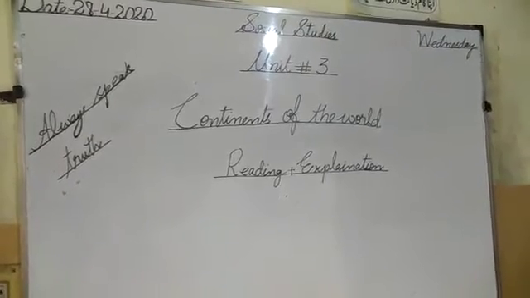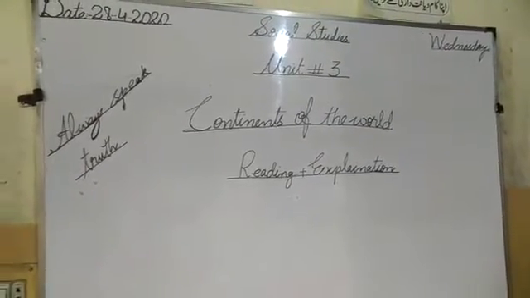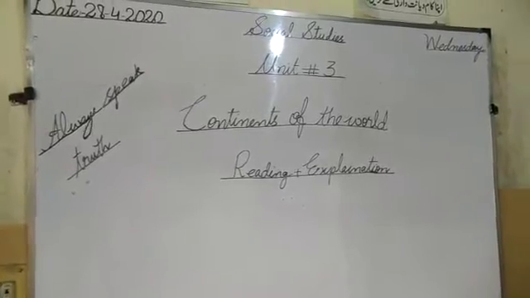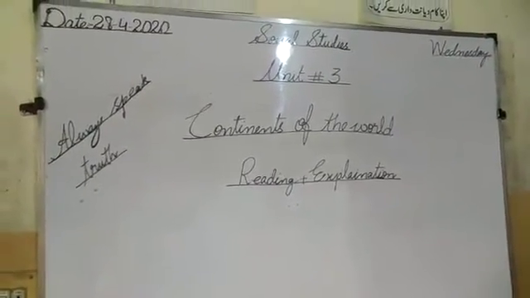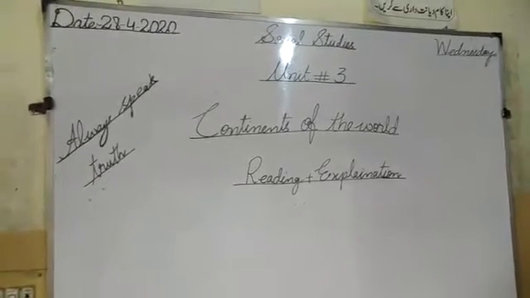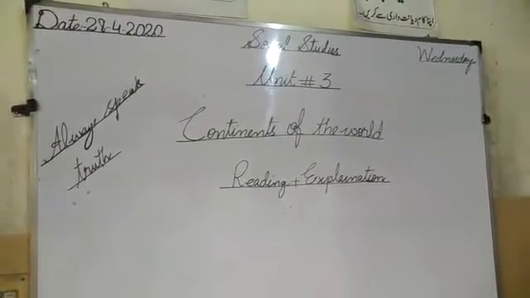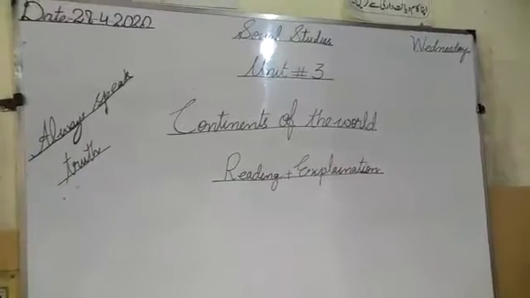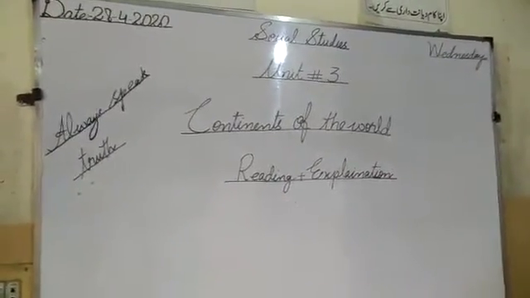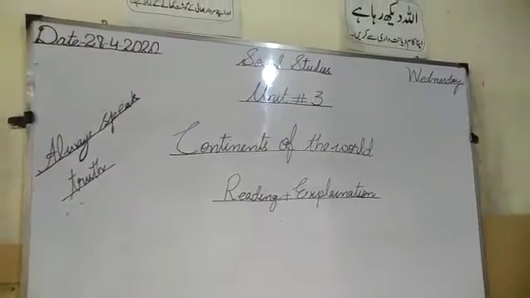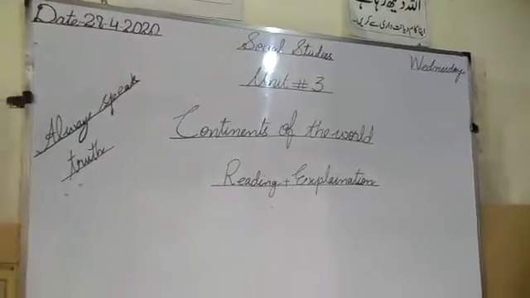It was a supercontinent surrounded by a big ocean. Actually, this continent was not partitioned. It was a big land mass and was very vast.